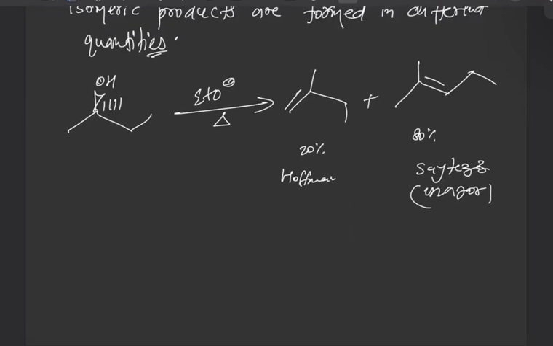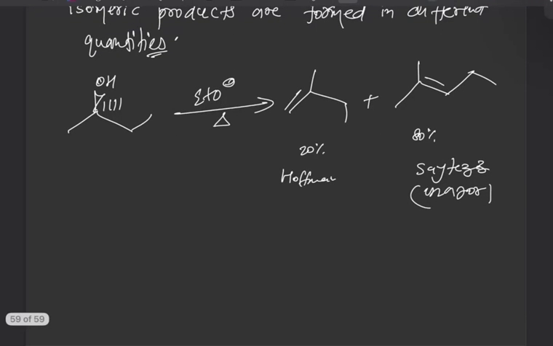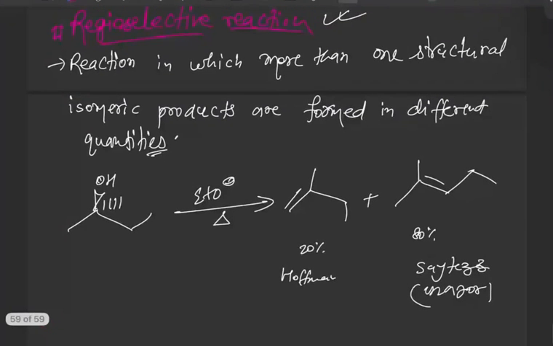Clear? Now the last term we have is regiospecific. So write down this last definition. Just scroll up. Yeah, take a screenshot. Done. So in regioselective, what is there? A reaction in which more than one structural isomeric product forms. See, these two are structural isomers because the position of the alkene is changing.